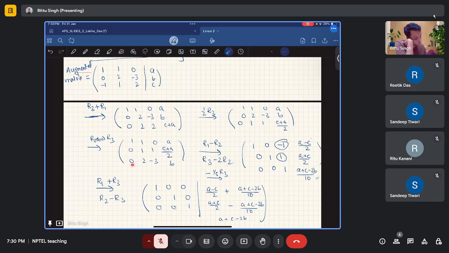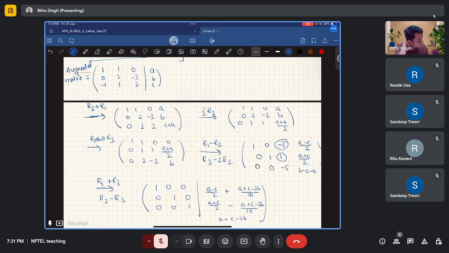R3 means 0, 2, 2, and minus 3 minus 2. Let me write that step instead of making mistakes. So it will be 0, 0, minus 3 minus 2, which is minus 5, and b minus this, right? B minus 2 times (c plus a)/2, where the 2 gets cancelled, so b minus c minus a.